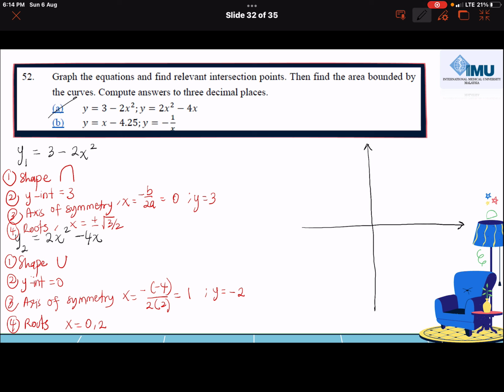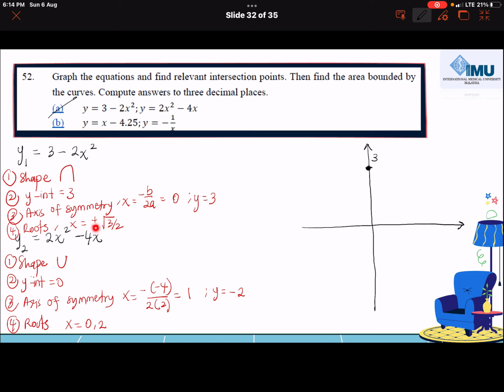First of all, you know your first parabola has an N shape, intersecting at y equals to 3. Let's denote this location as 3. And axis of symmetry happens at 0, 3 as well. Now, what happened to your roots?